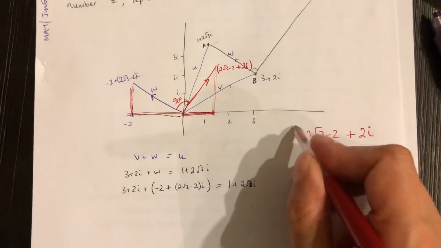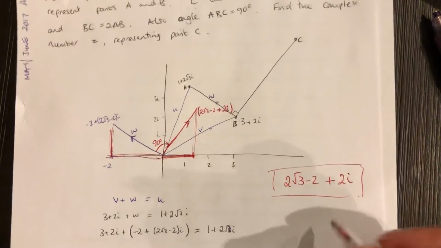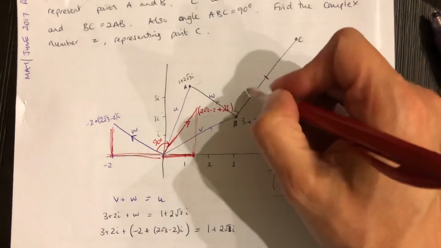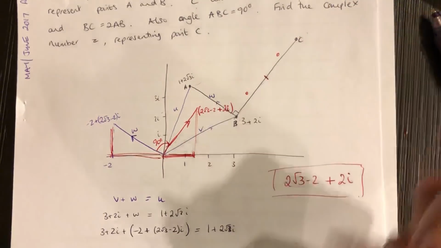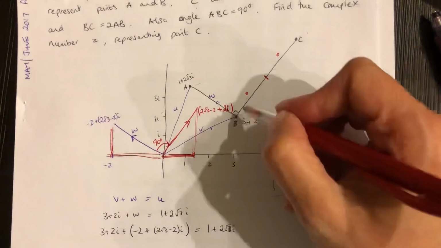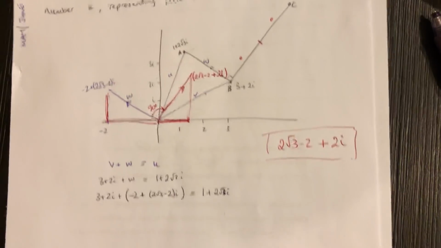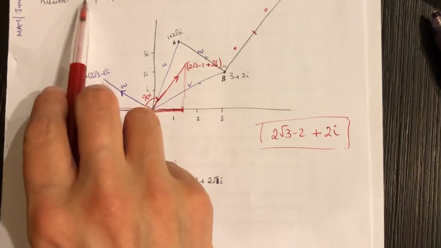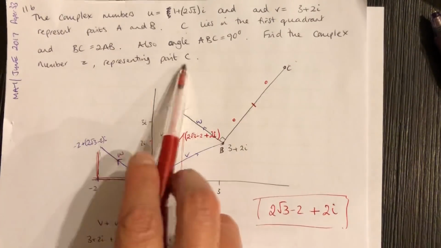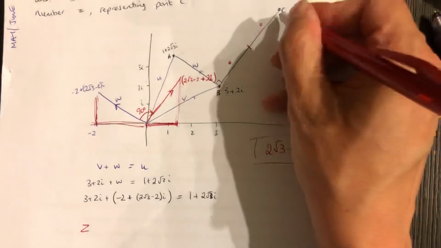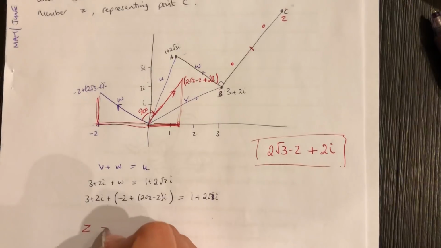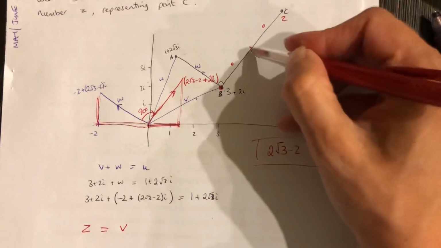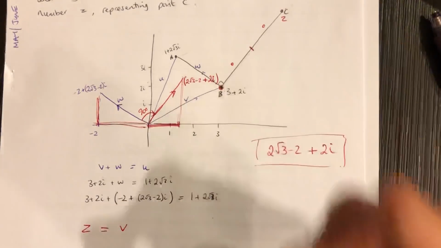Okay, now we have a complex number to take us in the right direction, and we know that 2 lots of them, so if we put one here and one here, do 2 lots of them after we've started at V, that will get us up to C. So now, to get Z, which was our complex number representing C, so this is Z up here, we're going to do V, so we get to that point there, and then add on 2 of these new complex numbers we just worked out.